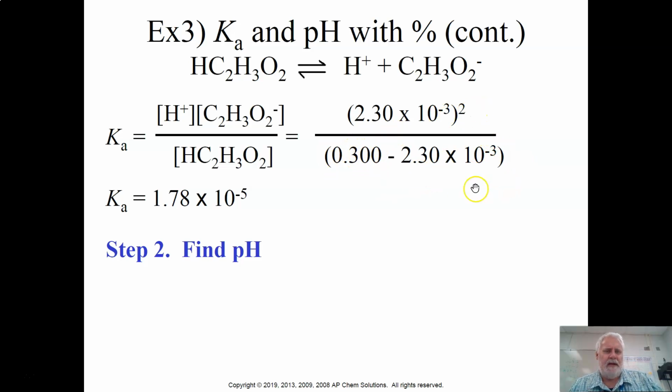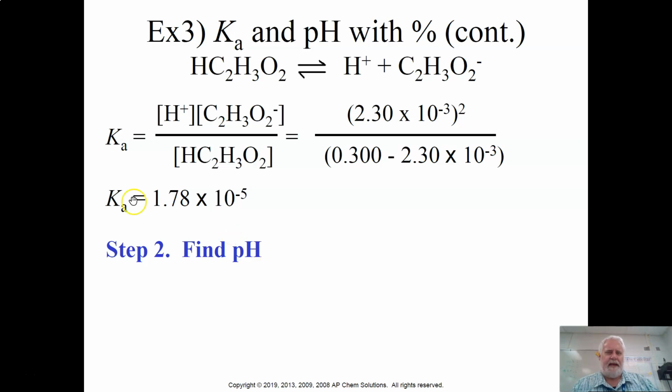Just use your little parenthesis keys there, and then you find out that Ka equals 1.78 times 10 to the minus 7th, kind of a middle of the road Ka value for these weak acids. Not super weak, but it's not hydrofluoric acid either. So, but it's getting close to that, a little on the stronger side.